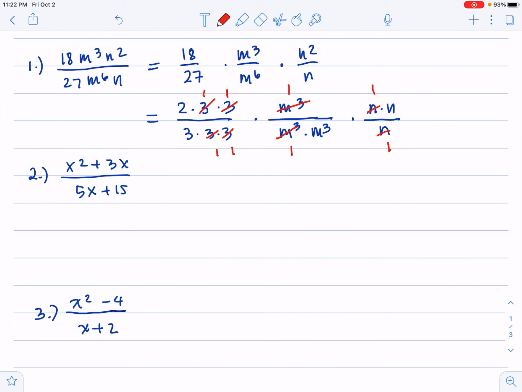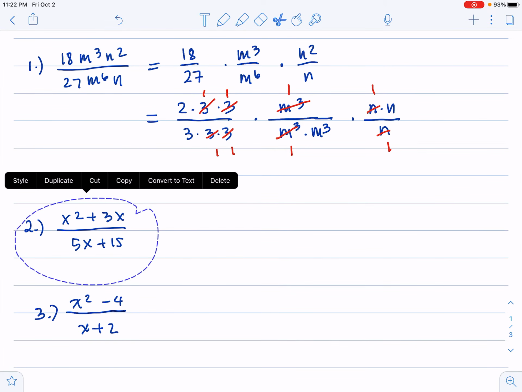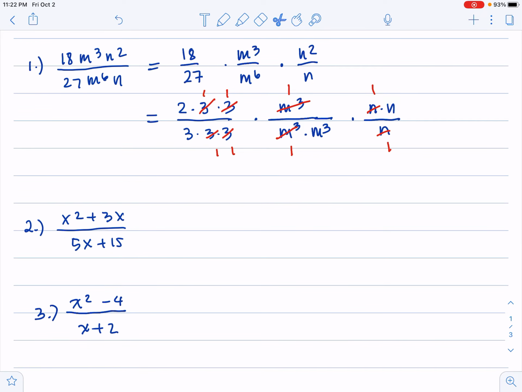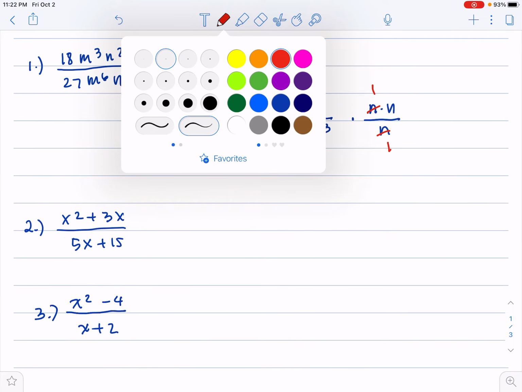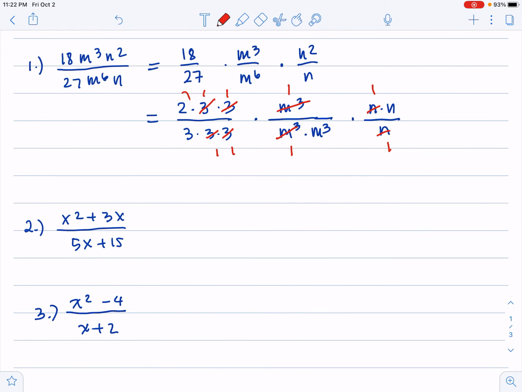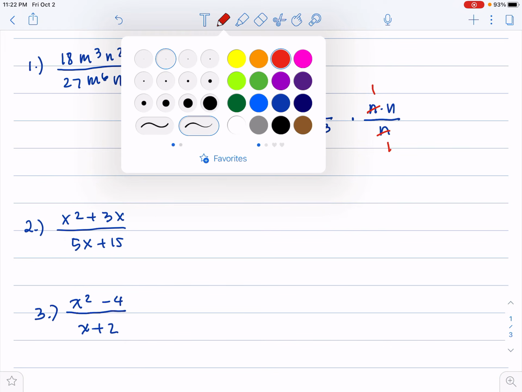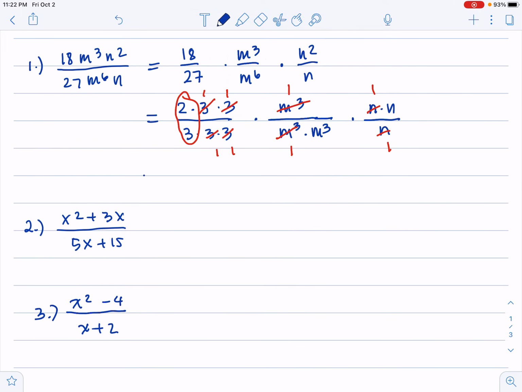Okay? So, simplifying, we have, ang number natin ay natira. 2/3, diba? So that's 2/3. And then yung m, wala nang natira sa taas, 1 na lang. So 1 yung red na 1 dito.